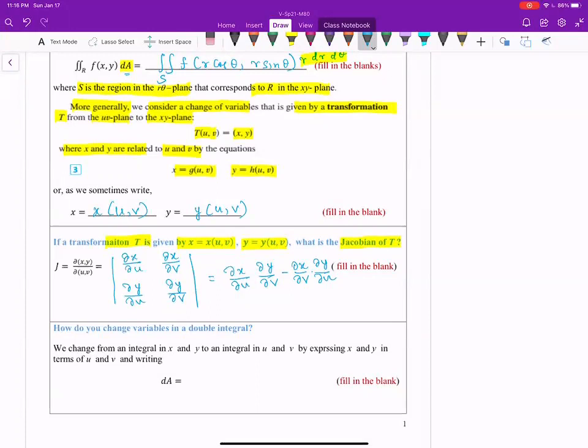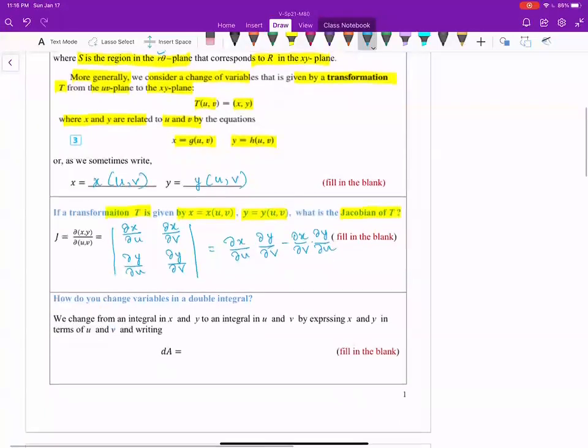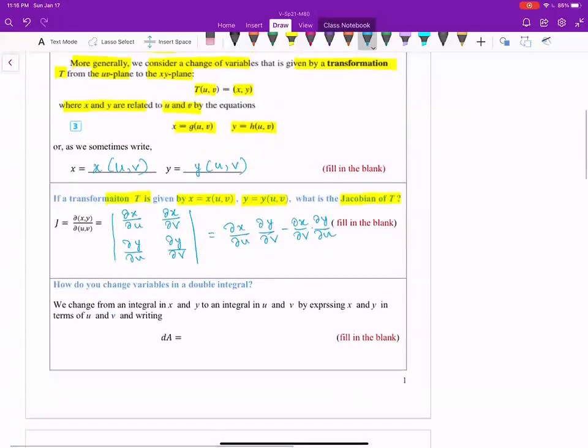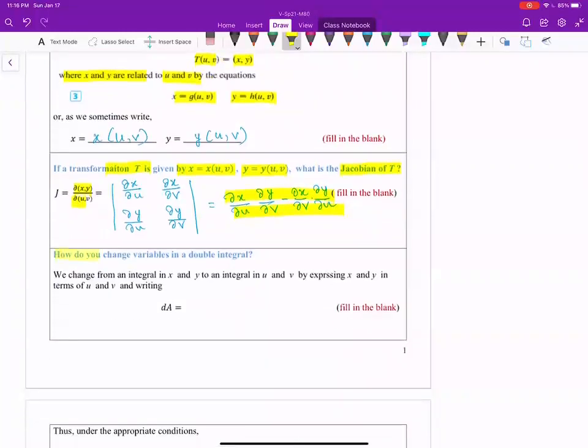When I say dou y by dou u, it is partial y with respect to u. This is what the Jacobian is. Instead of remembering the rightmost side, you can remember it in determinant form, then it's easy to memorize.